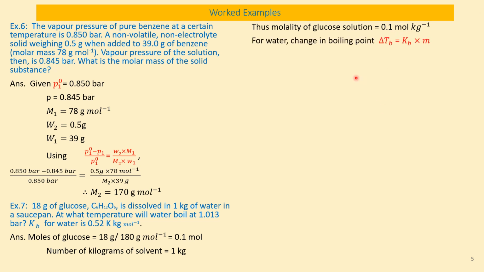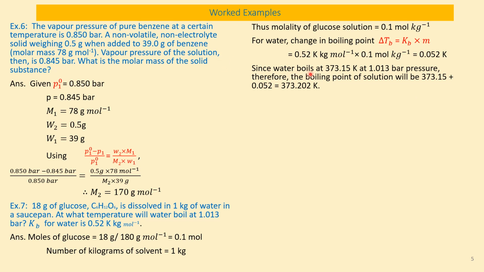For water, the change in boiling point is delta Tb is equal to Kb into small m. So Kb is given as 0.52 Kelvin kg per mole into small m is 0.1 mole per kg, that is equal to 0.052 Kelvin.